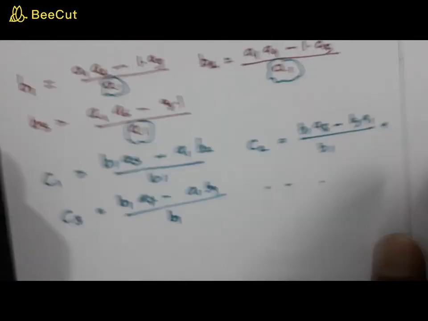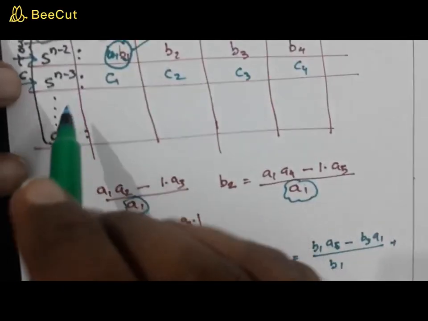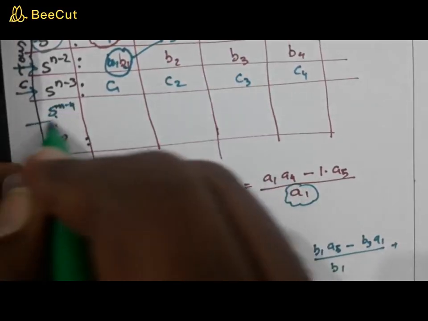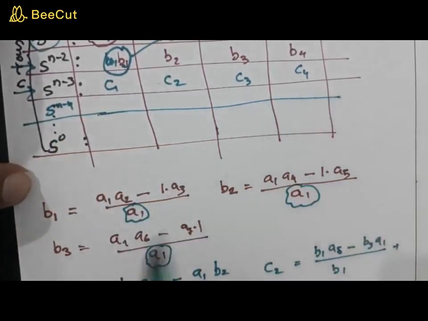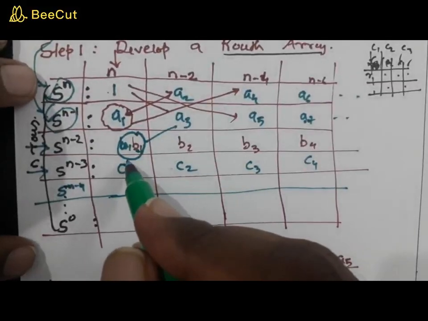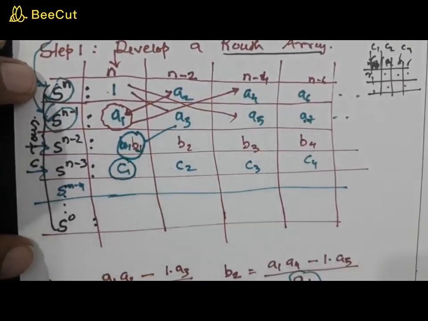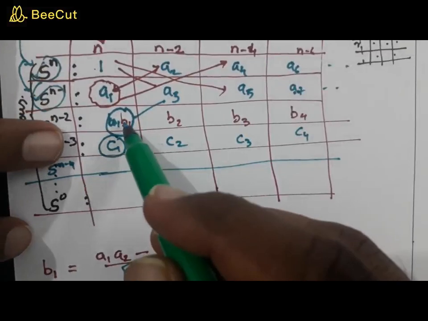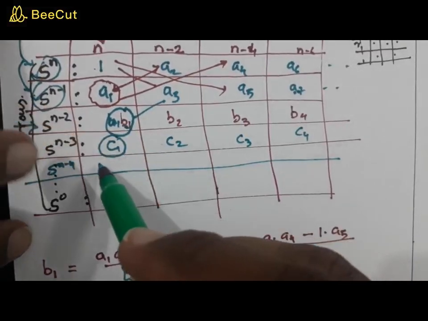Okay? So similarly, you can find out the s raised to n minus 4 term. How will you fill this row? Then you need to take this as your base element, and use these two upper rows to find out this element.